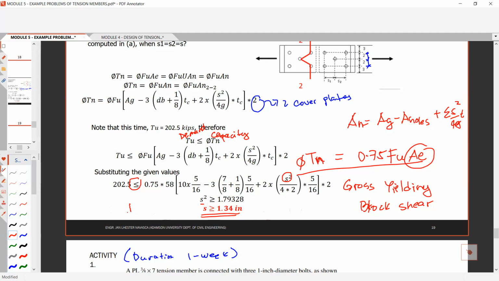So, by 1/16 inches, pwede rin ito. Basta nakikita siya sa side. Nakikita siya, madali siyang i-construct. So kung ako yung designer, I will be using 1.5 inches in my design of S. Okay.